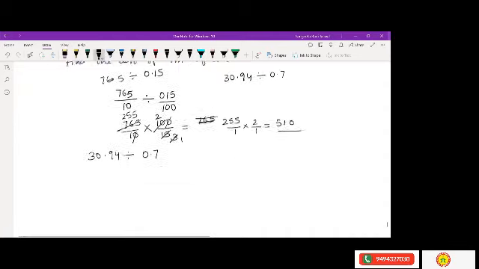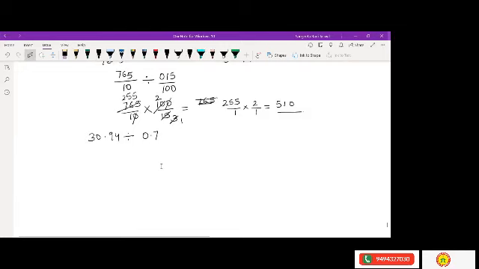Children, you do this. Everyone must do. Convert it to fraction first, and then just divide as you normally do for fractions. Okay, change the sign and take the reciprocal.